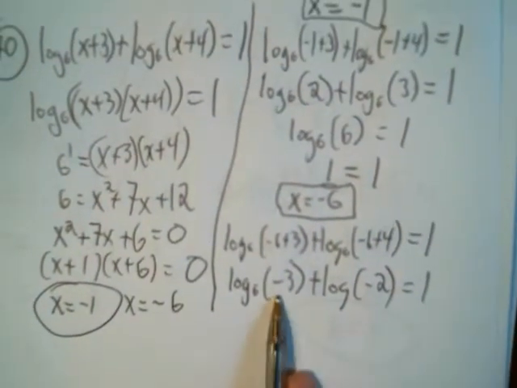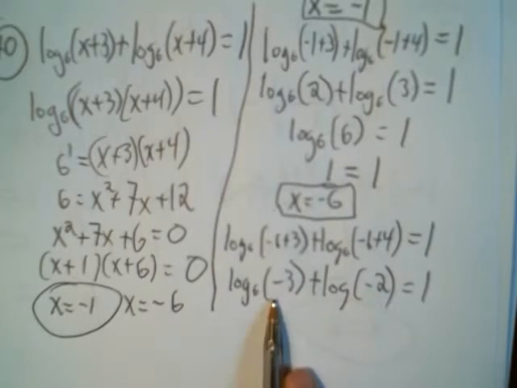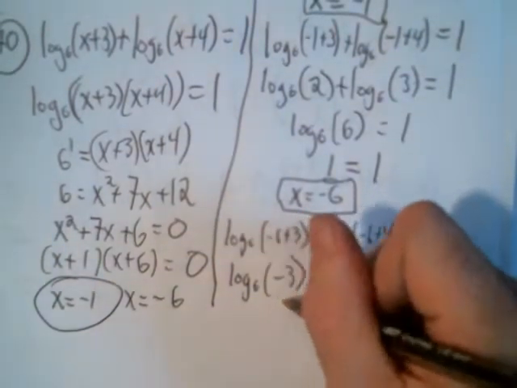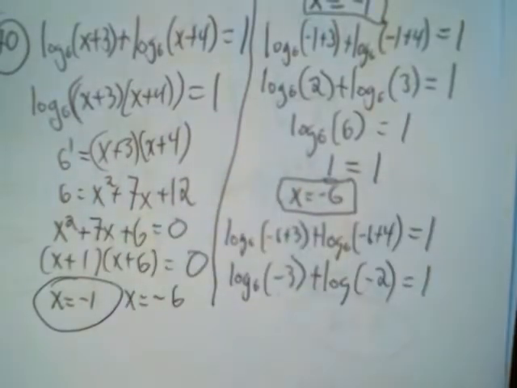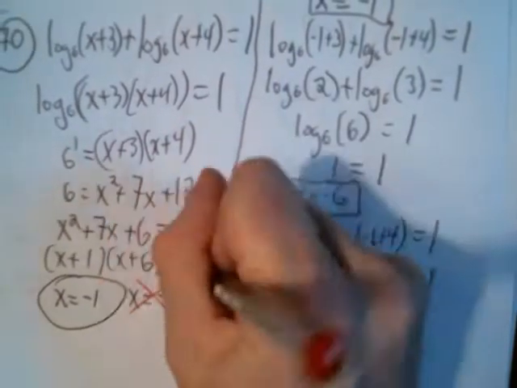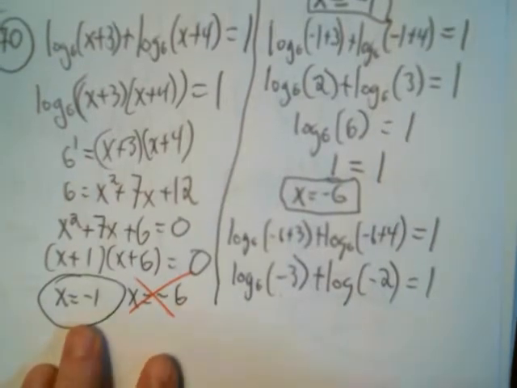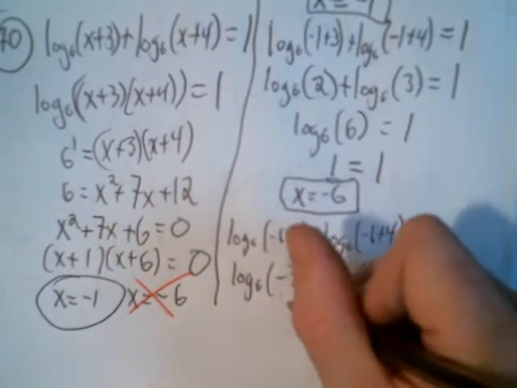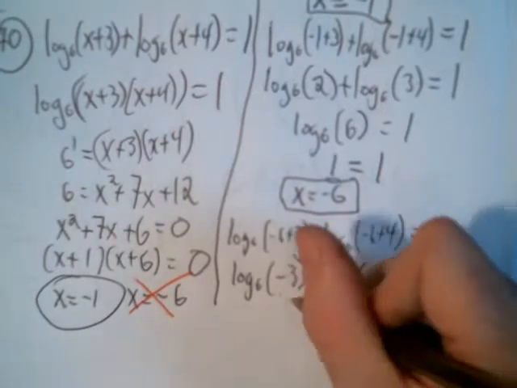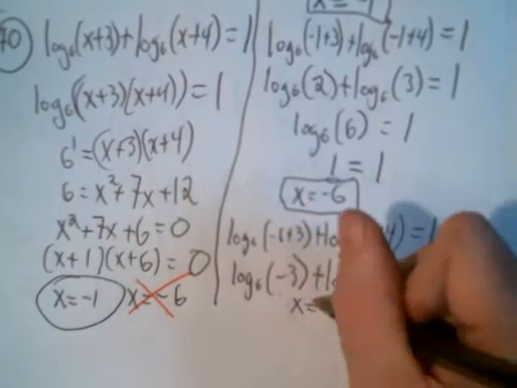You cannot have negatives inside of logs. So as soon as you see this, it's dead. This is not a solution, and we can sort of kick it out of our solution set, and we're just left with x equal to -1. Okay? So here our conclusion is x cannot be -6.